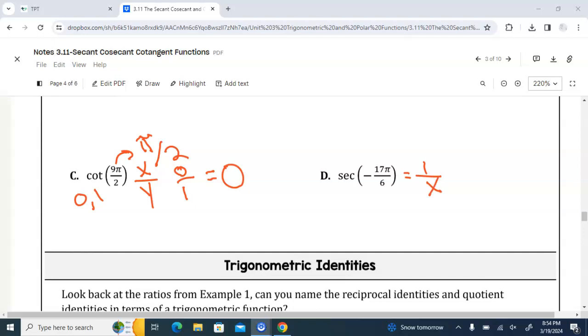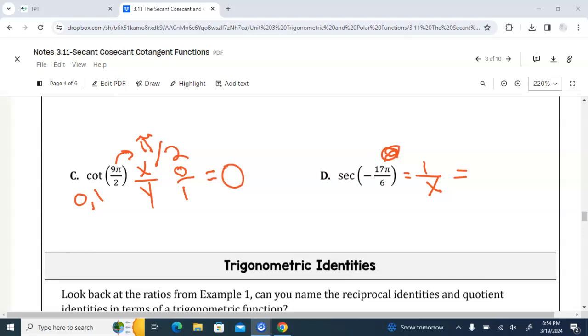Now I'm just going to keep adding 2 pi to this until I get on it. So I add 2 pi and add 2 pi until I get to, I believe it's going to be negative 5 pi over 6, 12, wait, hold on, I can do this, 12, 18.